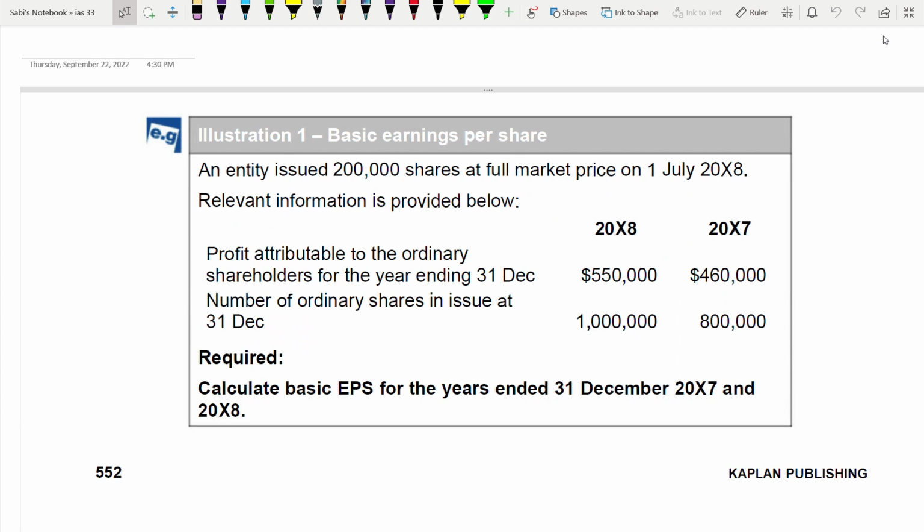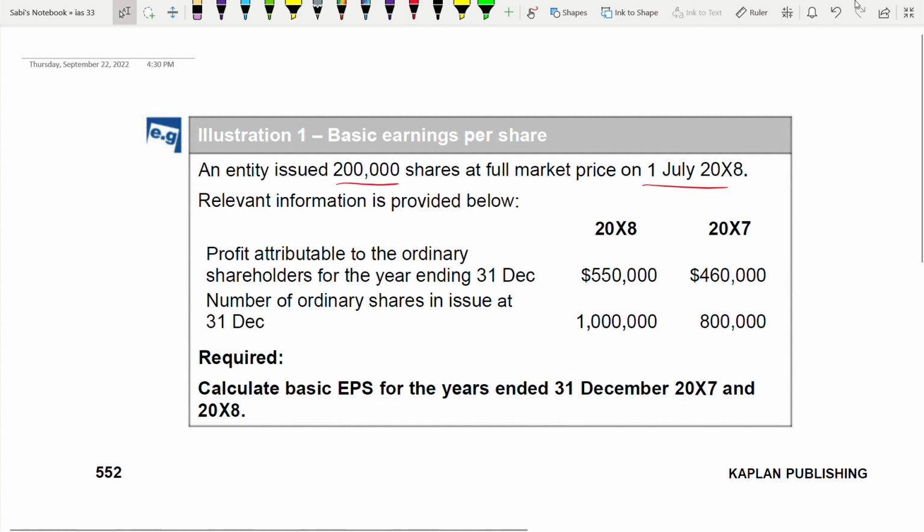Illustration 1. We are in the basic EPS. You have been given the profit and the ordinary shares for the 2 years, and you have issued some 200,000 shares on 1st of July 2008. You have to calculate basic EPS. So how do you do this? For 2007, it is pretty easy because there has been no issue of shares during that year.